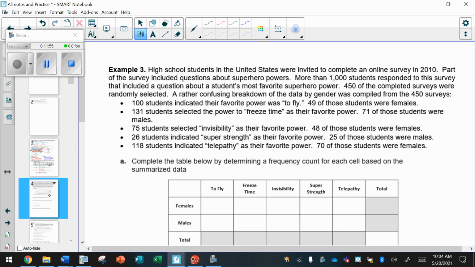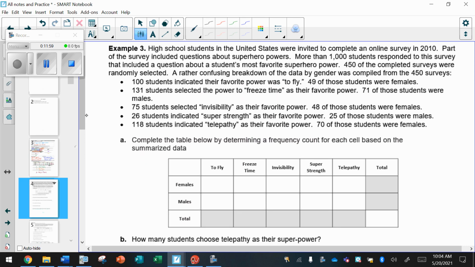Okay, so now let's do a bigger example, maybe a little more interesting. Over the last decade, superhero movies like the Avengers, X-Men, and things like that have become very popular. So high school students in the United States were invited to complete an online survey in the year 2010. Part of the survey included questions about superhero powers.